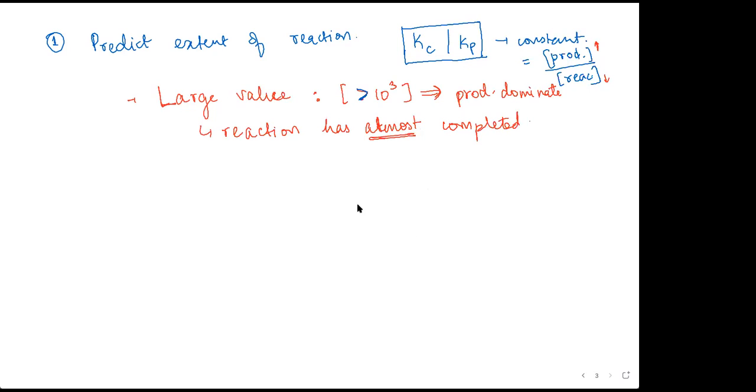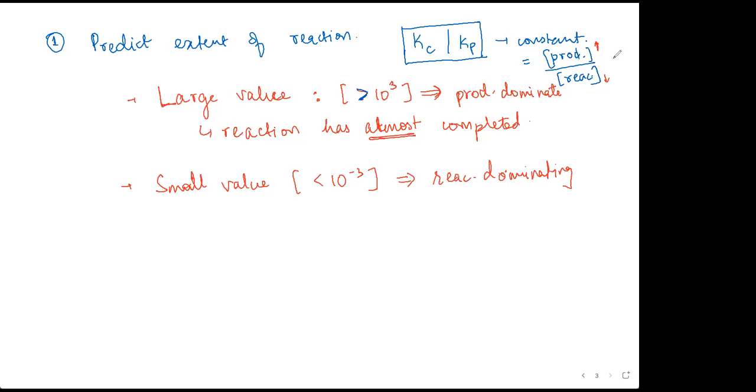Then on the flip side, if you come across a small value of Kc or Kp, like less than 10 power minus 3, something like that, then what does it mean? The exact opposite. That means products are less and reactants are more. In this case, the reactants are dominating.